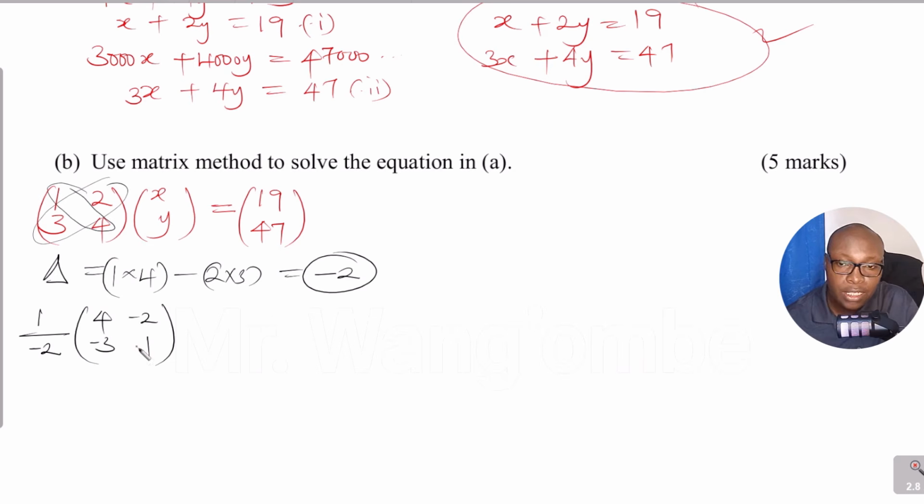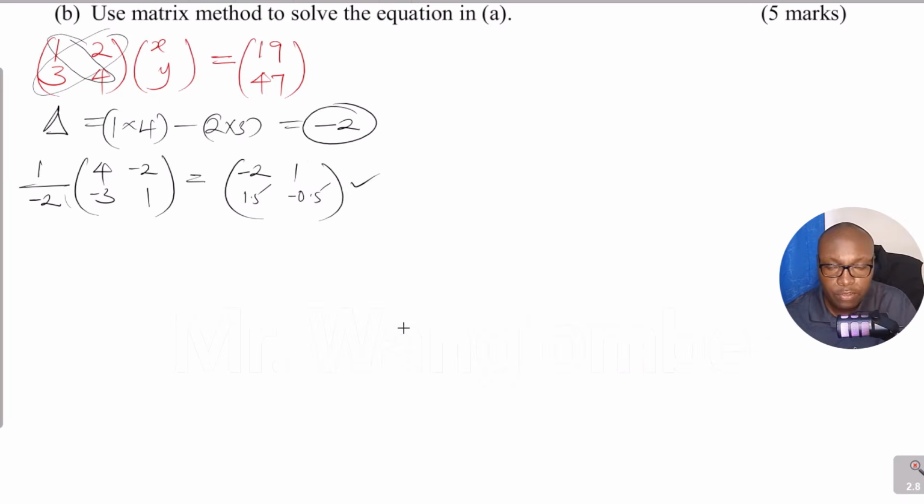So you multiply every element by -1/2. -1/2 times 4 gives -2. -1/2 times -2 gives 1. -1/2 times -3 is -1.5, that is positive 1.5. And then -1/2 times 1 is -0.5. So that is the inverse.